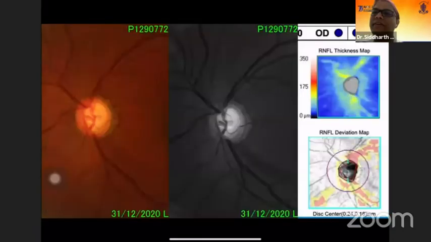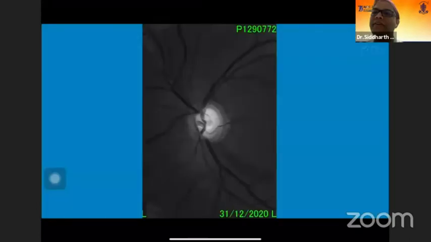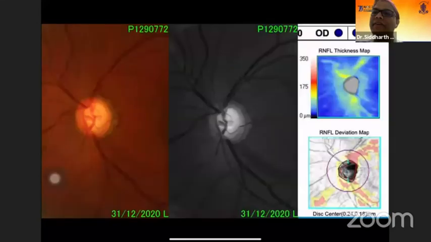Right. So this is another example of pre-perimetric glaucoma when the HVF 24-2 and 10-2 have not been able to pick the defect up. The same patient, but the nerve fiber layer shows pretty well on the OCT.